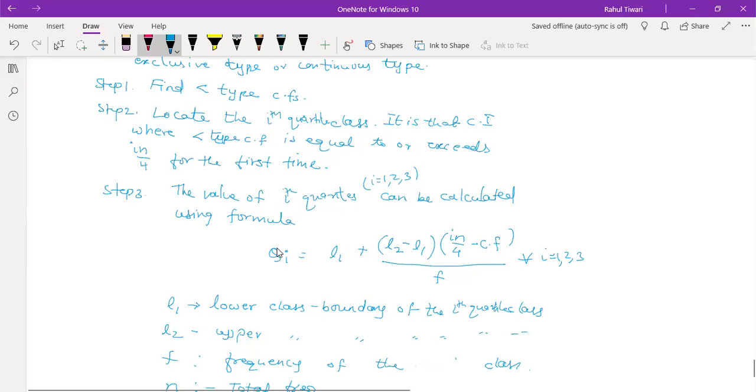It is not visible properly, so I will rub it and write it properly. It is quartile, not quartiles, because we have a single class, the quartile class. Similarly, you can write for the odd case.